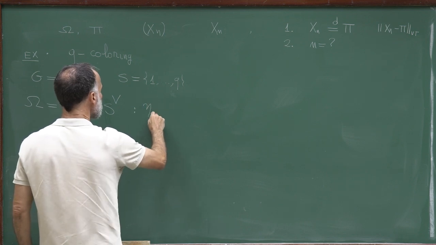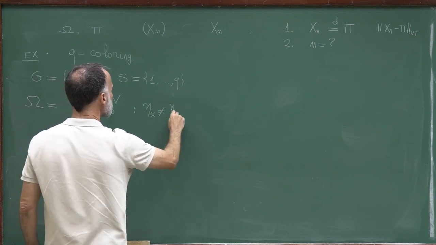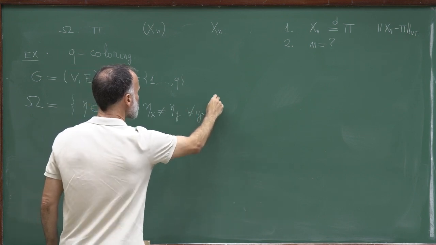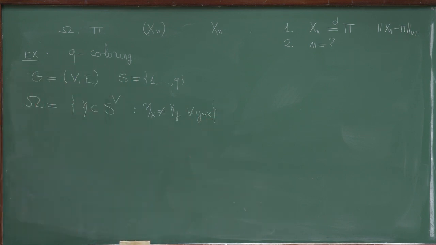So I want eta(x) to be different from eta(y) for all y which are connected to x. So this is our state space.